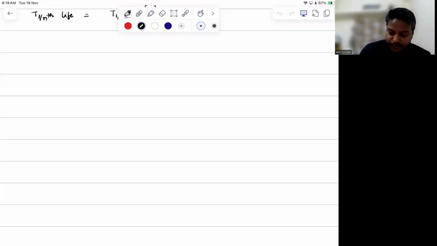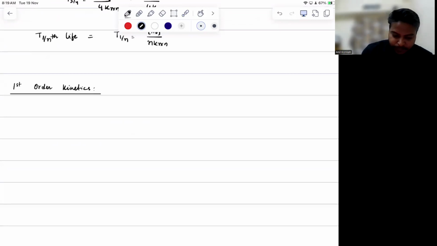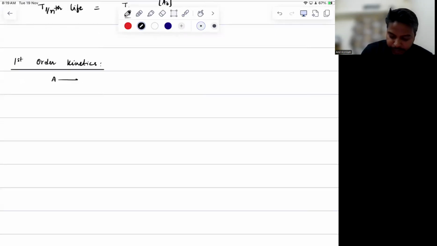Let's see that. So when it comes to first order kinetics, if any reactant A is giving products, we typically write first order kinetics as A naught to At, which is the concentration, and the change in A is associated with k into A raised to power of 1.